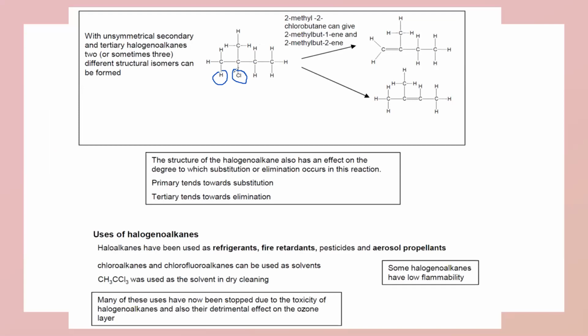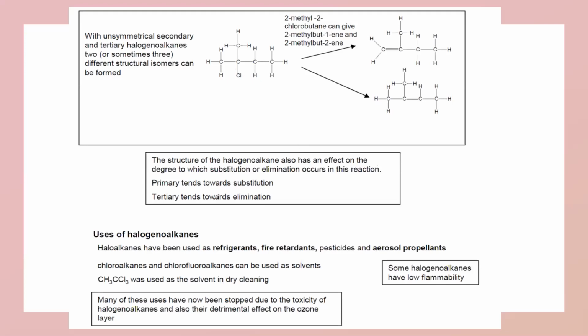But second, this chlorine is removed and the other hydrogen is removed, so it can form another alkene. So both possibilities are there. The structure of the halogenoalkane also affects the degree to which substitution or elimination can occur. Primary tends towards substitution, tertiary tends towards elimination.